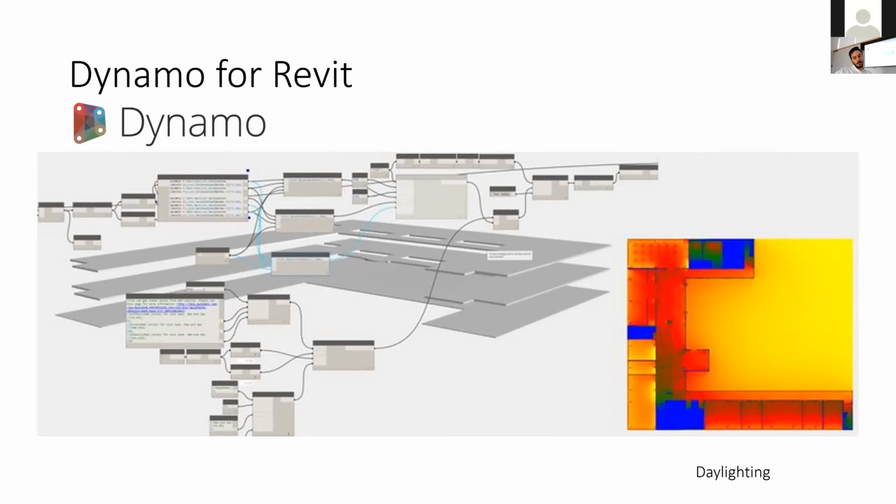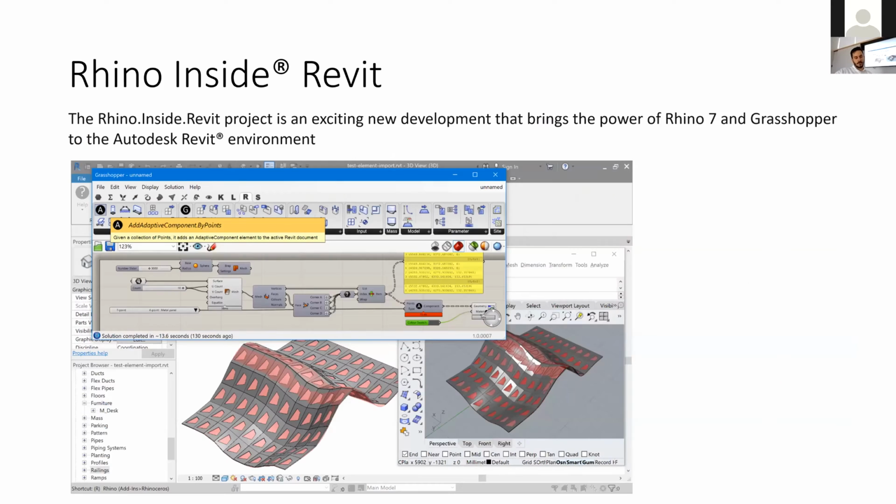However, I guess Dynamo is not as strong as Grasshopper, and that's why McNeel, the makers of Rhino, have taken the opportunity to create Rhino inside Revit, a development that brings the power of Rhino 7 and Grasshopper within the Autodesk Revit environment.